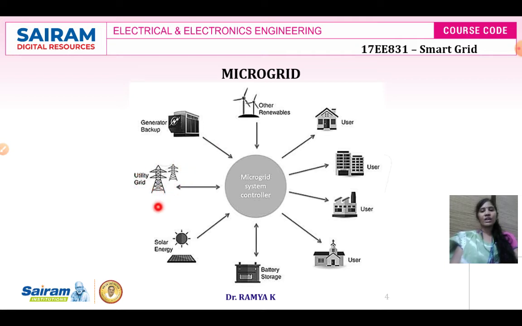When you don't have the EB power and the power from renewable resources is also zero, that time you can use a generator backup and battery storage. Battery storage normally stores the power delivered by solar energy.